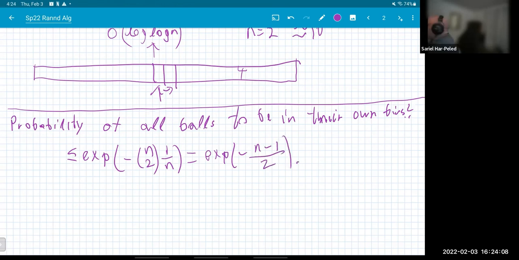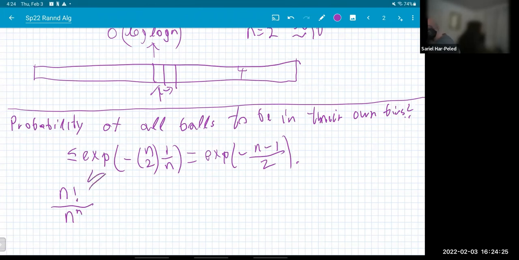So it's an incredibly small probability. You can also explicitly write the probability out in this case, because it's n factorial divided by n to the n.